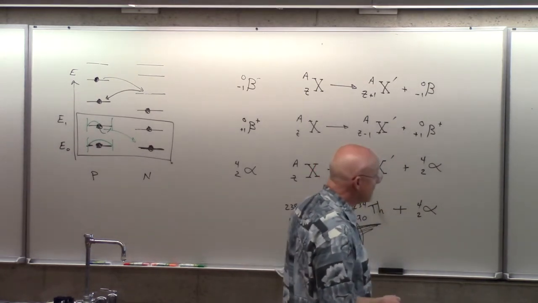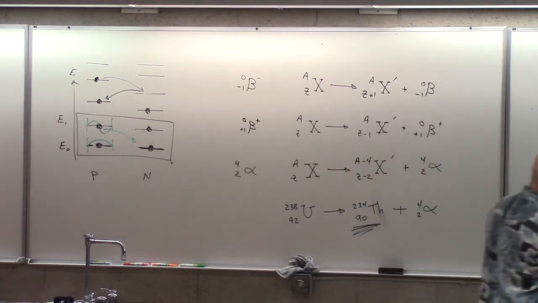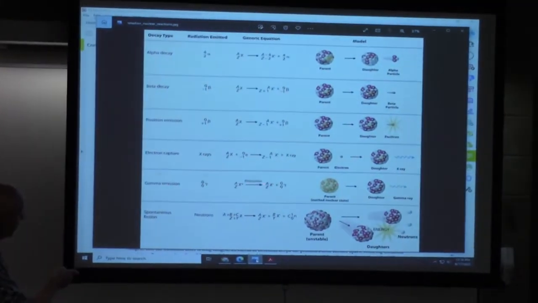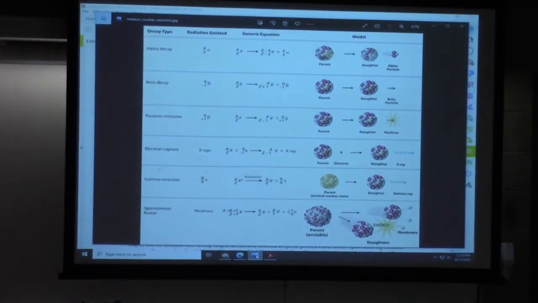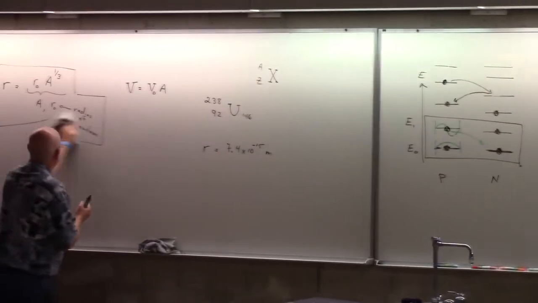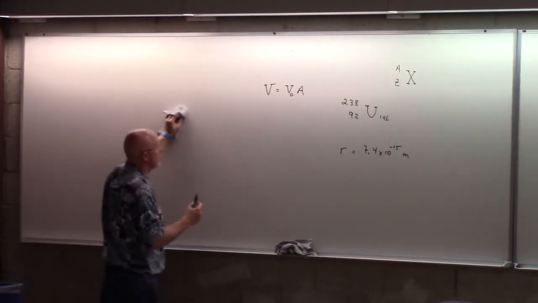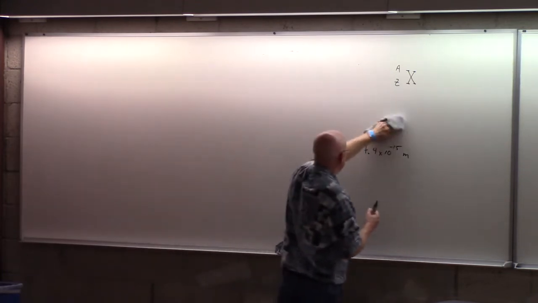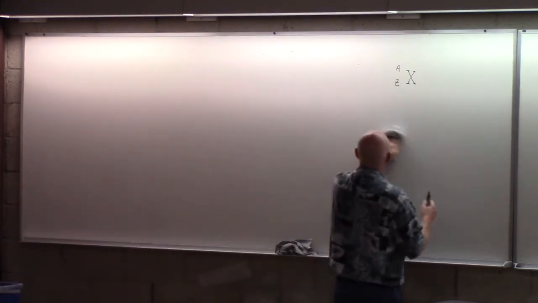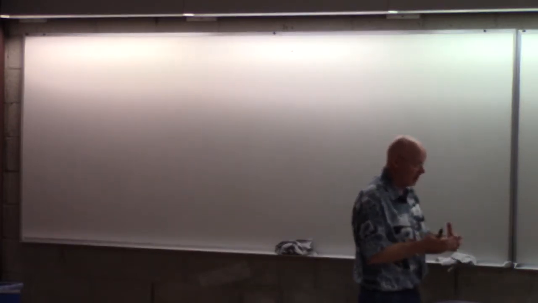But if I continue on here, let me jump down. I'll skip the electron capture for a moment because your author did the gamma emission. And the best way I can describe a gamma emission is really the same way we were just doing this last chapter, where we talked about an electron being in an excited state and jumping down to a lower energy state.